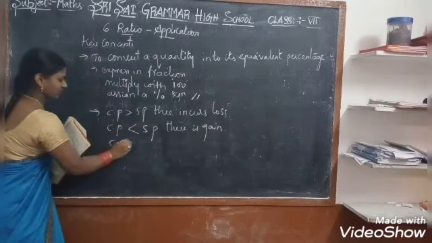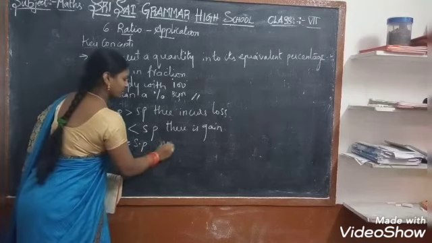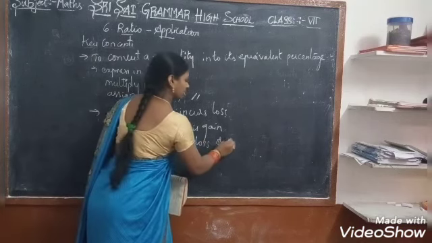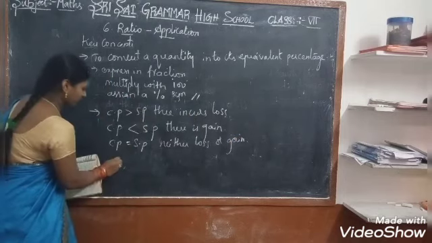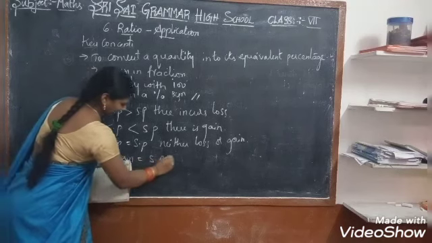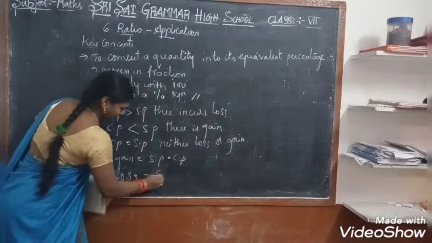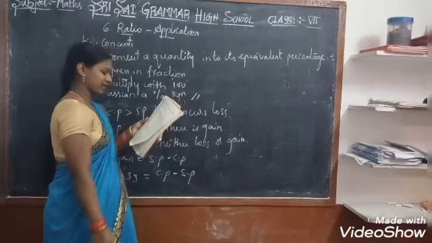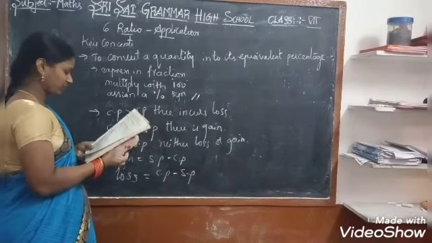If cost price is equal to selling price, there is neither loss nor gain. Okay. Now, gain means selling price minus cost price. Loss means cost price minus selling price. Based on this, we do one of the problems.